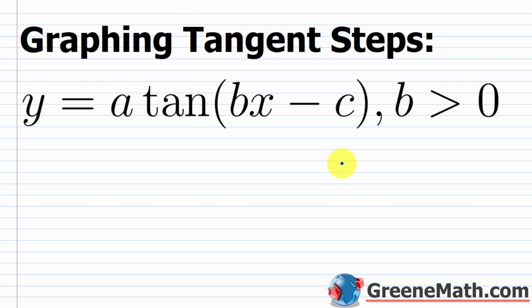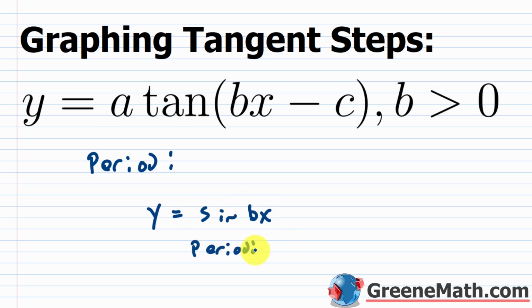For right now, let's go ahead and talk about the period. So what is the period? Again, when we think about this from our sine and cosine lesson, we know that if we had something like y equals the sine of bx, the period here was the standard period for sine, which is 2 pi, divided by b. Well, it's a similar thought process here.